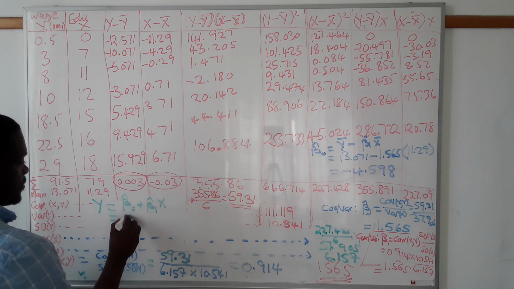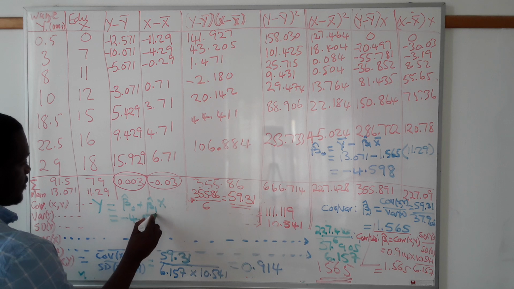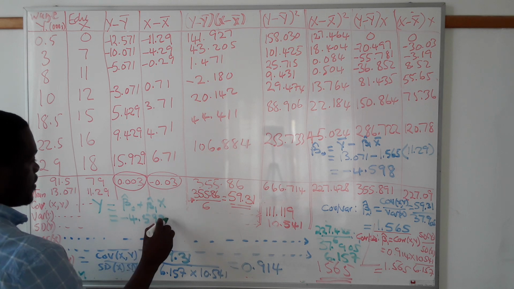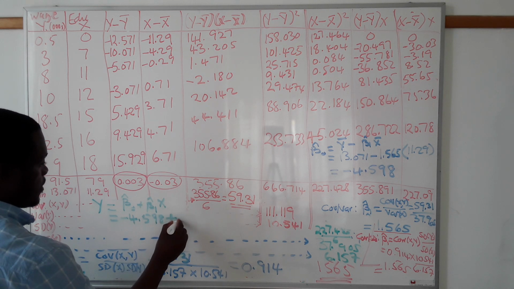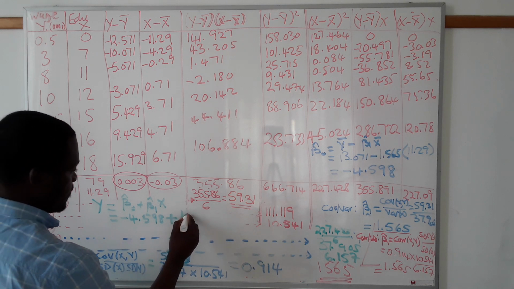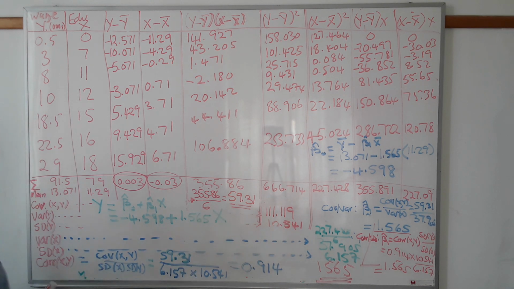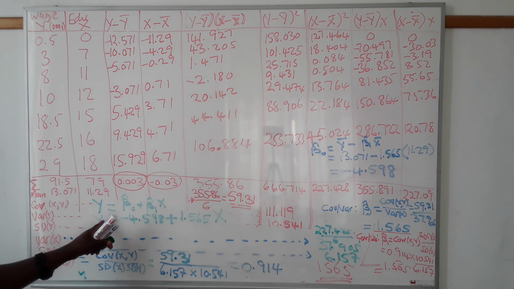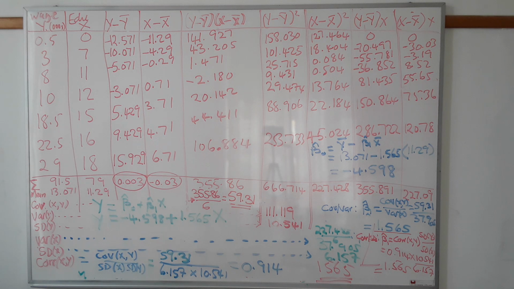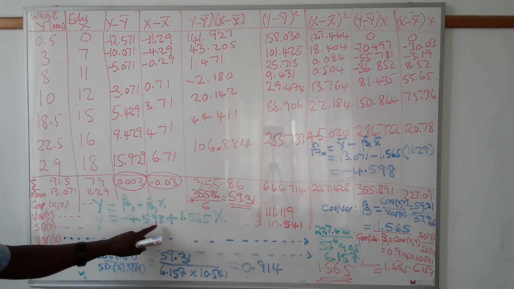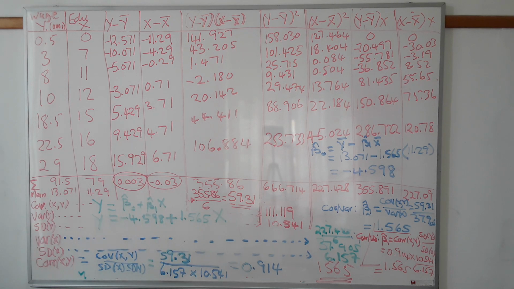You have minus 4.598 plus 1.565x. This is your regression line. When you fit this line to the data, it is the line of best fit. There is no better line than this which fits this data.